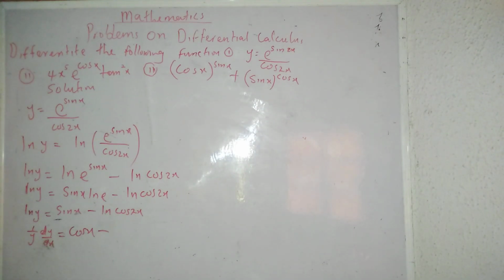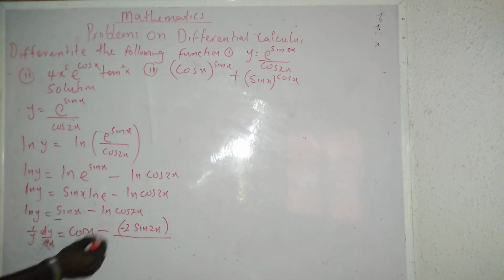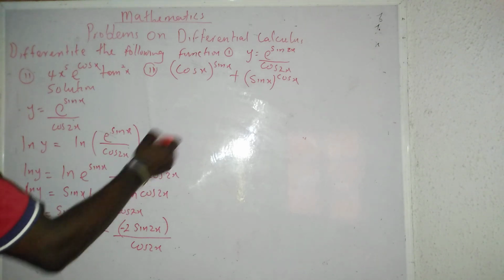So if I differentiate this, I will have 2 sine 2x divided by cos 2x.